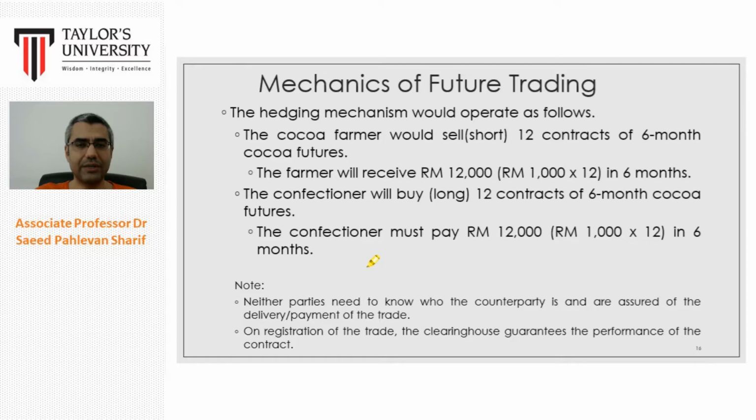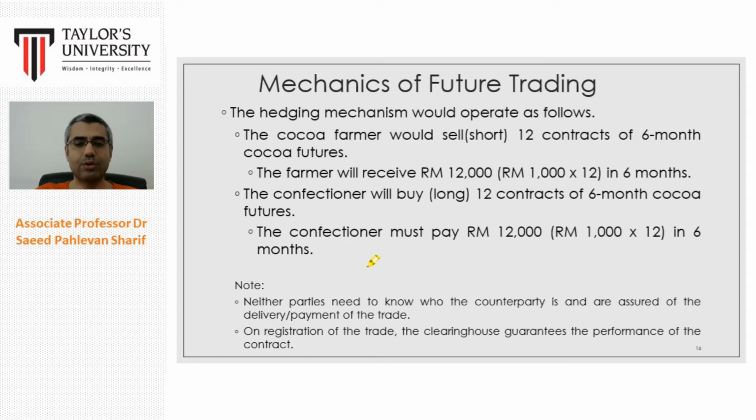So the cocoa farmer's concern is if the price goes down. This means that he is long. You remember in the previous slide, the first slide, I mentioned: if your concern is the price will go down, this means you are long. That's all.